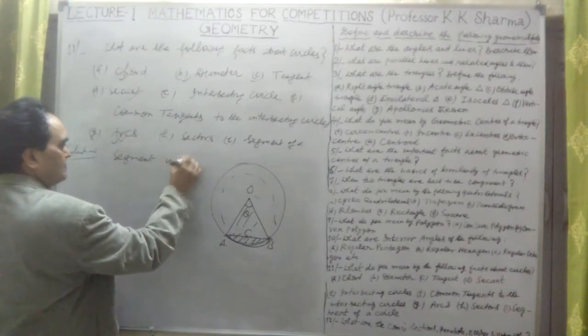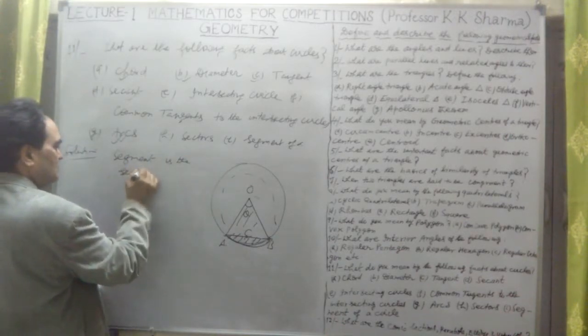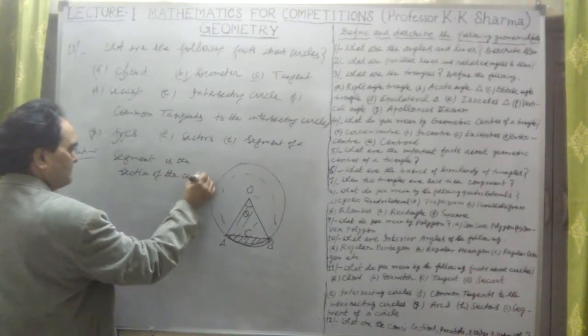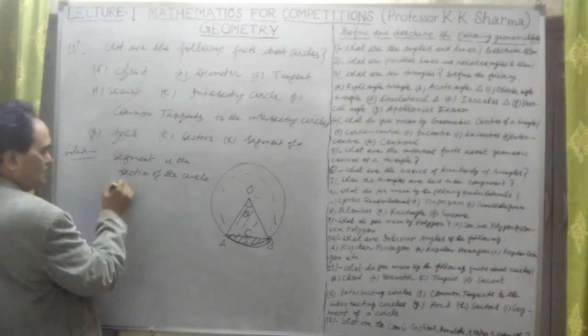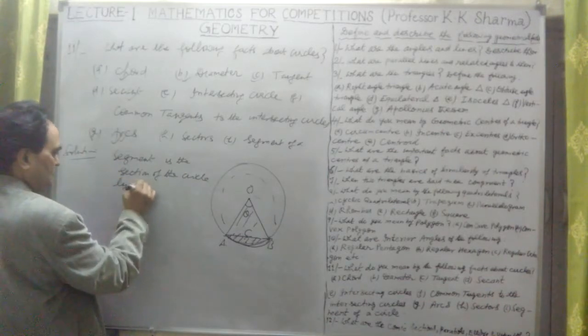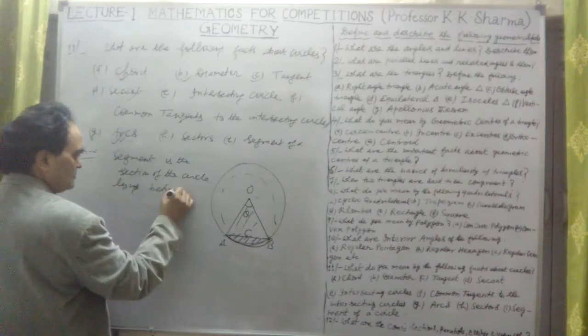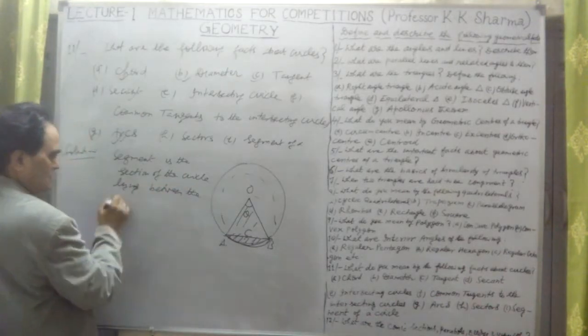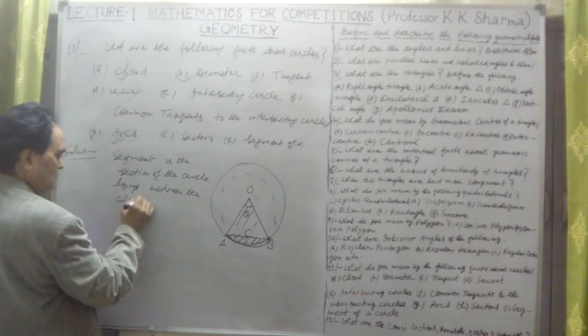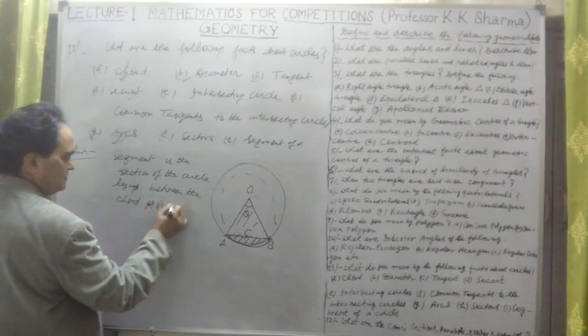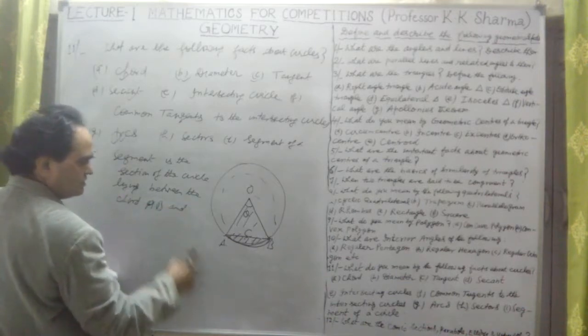the section of the circle between the chord AB, in this case let me take AB, and the arc AB.